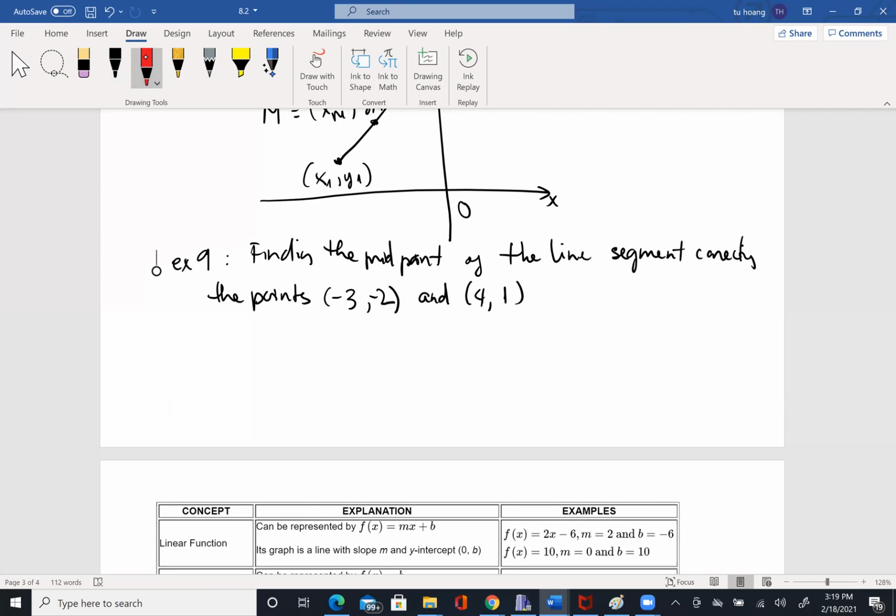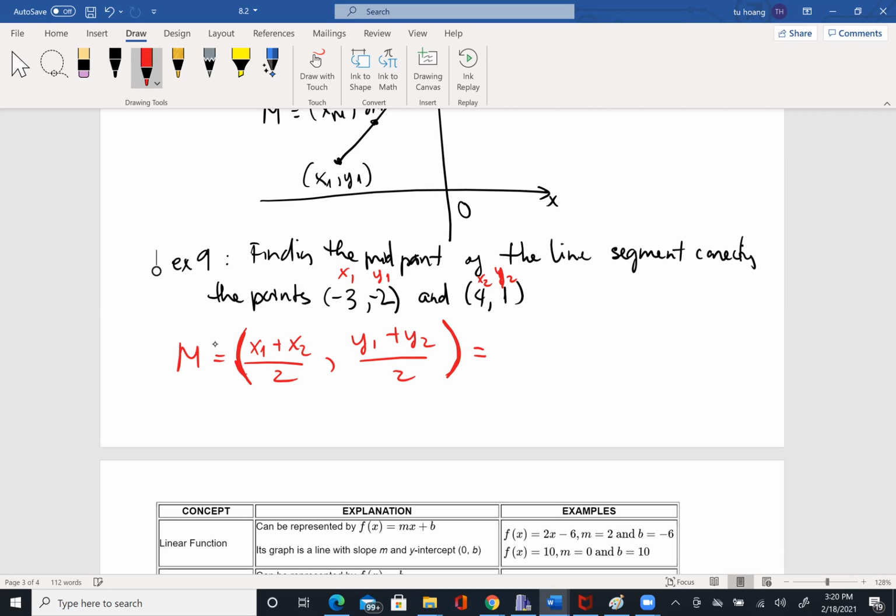What I do for this problem is I always write on the top of these two points the labels x1, y1, x2, y2. Because later on, when I apply the midpoint formula, m equals ((x1 plus x2) over 2, comma, (y1 plus y2) over 2). Remember that m should be in the format of an ordered pair, with parentheses and a comma in the middle.